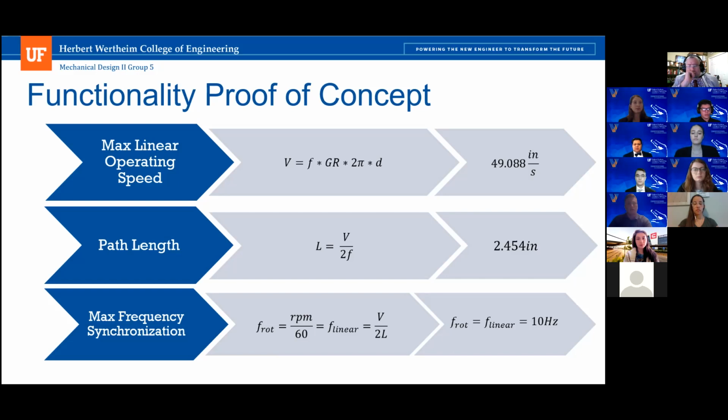The path length is basically the distance that the shaker needs to travel to ensure that it operates within that frequency. We also wanted to prove that the maximum operational frequency of the rotational motion, which is also 10 hertz, is synchronized with the linear motion. The final calculation shows that the 2 motions are indeed synchronous. Next slide.